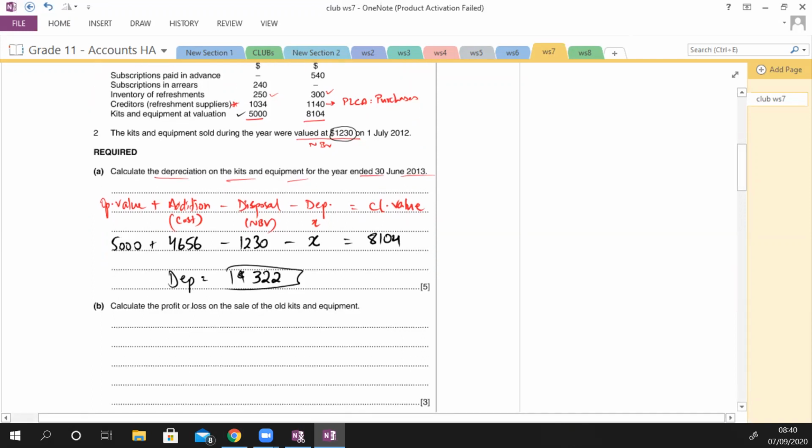All right. Calculate the profit and loss on sale of old kits and equipment. The net book value of the disposal minus the sale proceeds. The kits and equipment that had been sold had a net book value of 1230, but you sold them for how much?